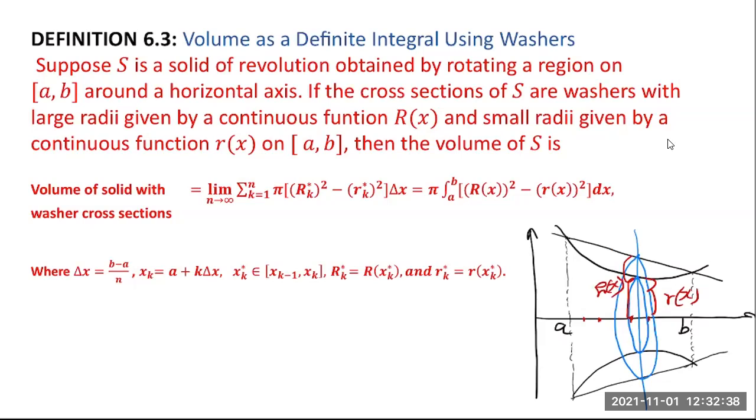Then what this definition tells you is that you can find the volume of the solid obtained by rotating this region about the x-axis, and it is given by this definite integral. That's what it tells you. How do you get that volume? What is the thought process behind that?